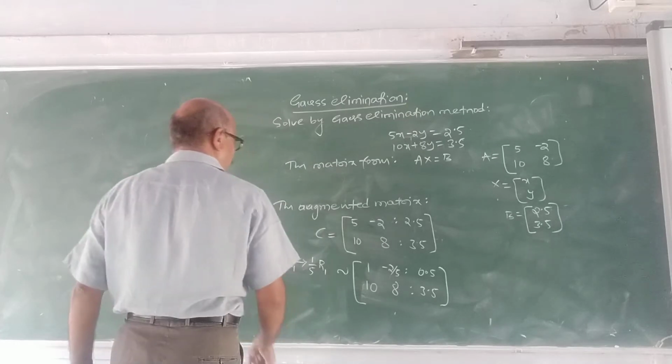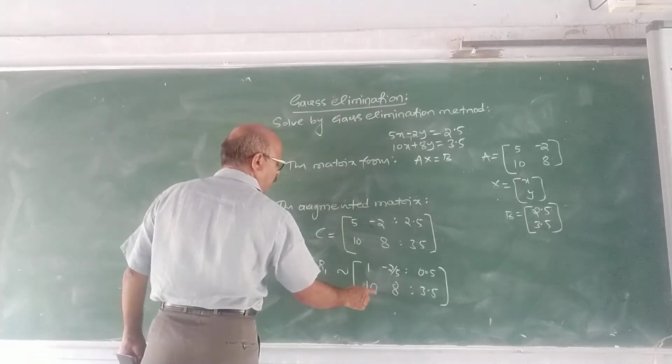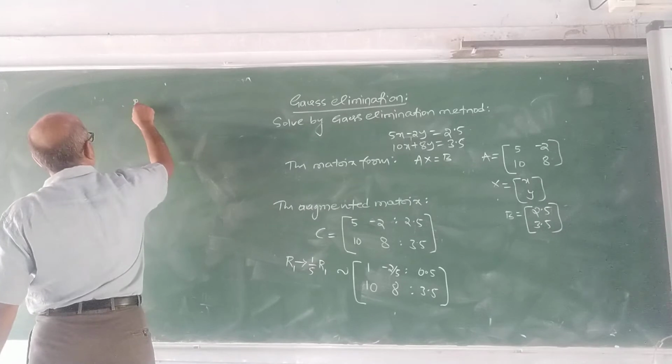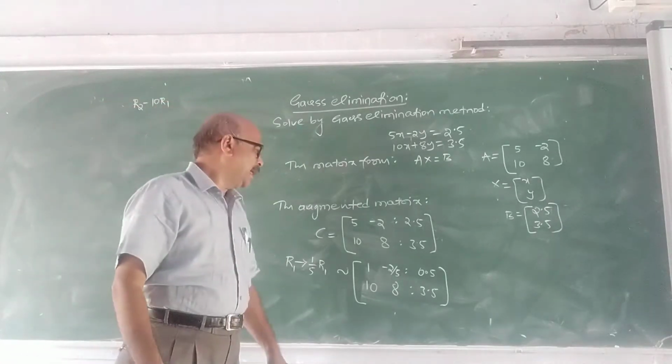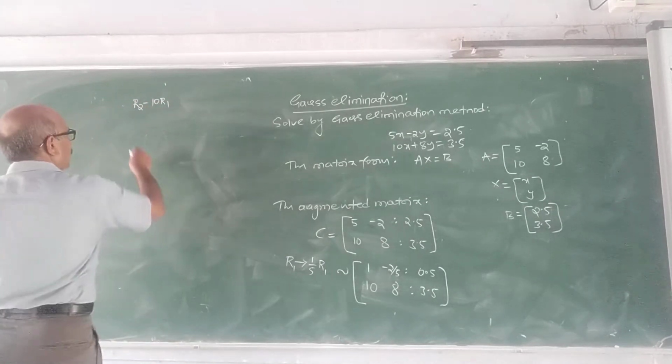The second step is you have to make this 0. Therefore, take R2 minus 10 R1.